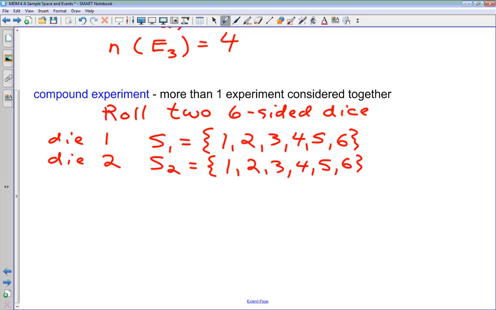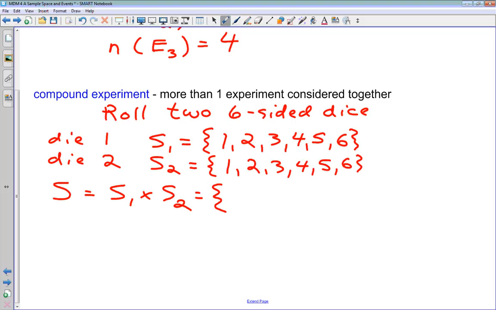If we're considering these 2 things together as 1 experiment, our overall sample space, just S, our overall experiment, is going to be the combination of our 2 individual sample spaces. So how do we list this combination, this sample space for our compound experiment.